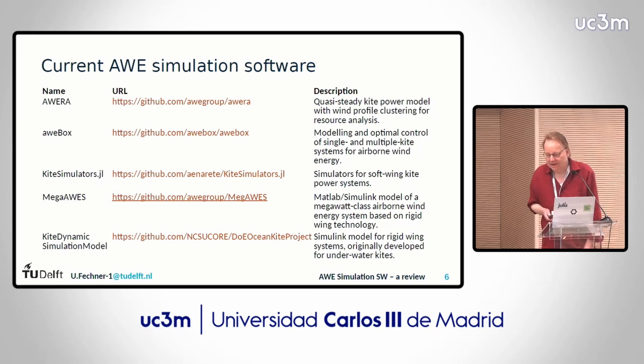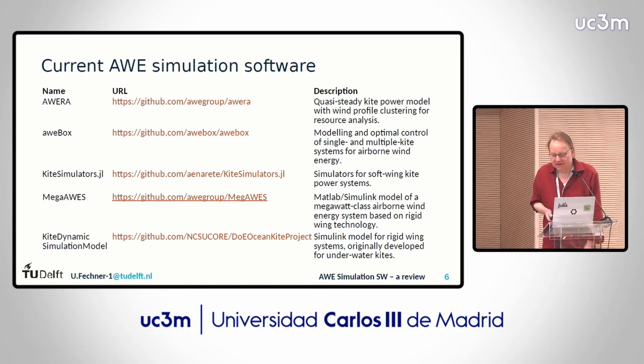Then we have MegAWES, MATLAB Simulink model of a megawatt class airborne wind energy system based on a rigid wing technology. I find it a bit problematic because Simulink and Git are not the best friends, but it made good progress in the last years, and there's a huge consortium trying to improve it.